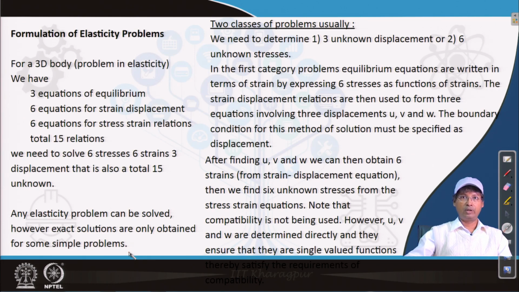There are a few problems that people have tried and solved, and those we will learn. There are basically 2 ways of solution. One is solving the 3 displacements first and then solving the stresses. The other is the reverse way.